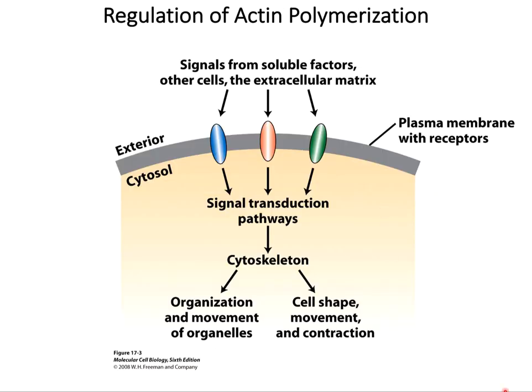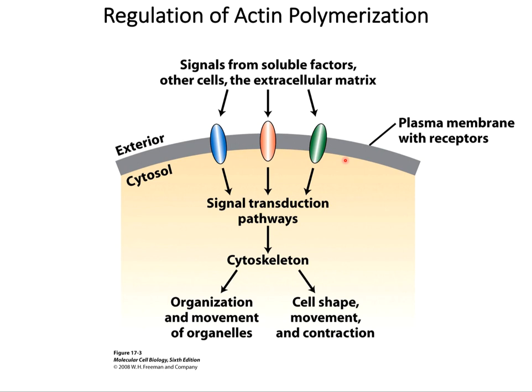So how does the cell coordinate all of these different functions of actin? What can regulate actin polymerization? As it turns out, there are signals from the soluble factors outside the cell, signals from other cells, and signals from components of the extracellular matrix.